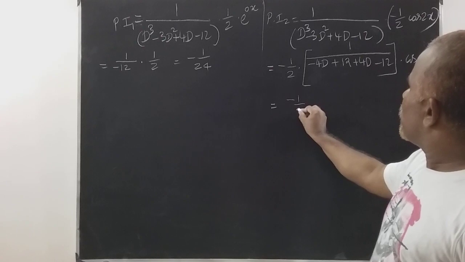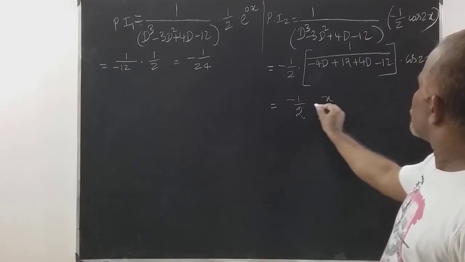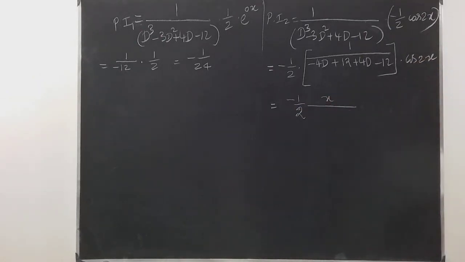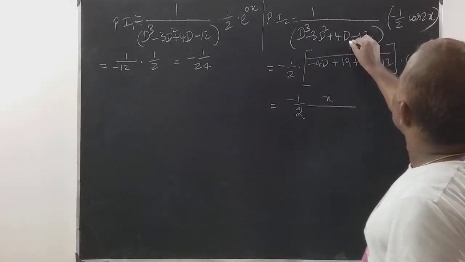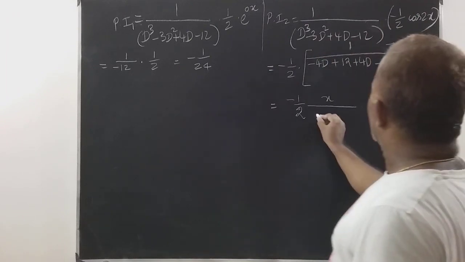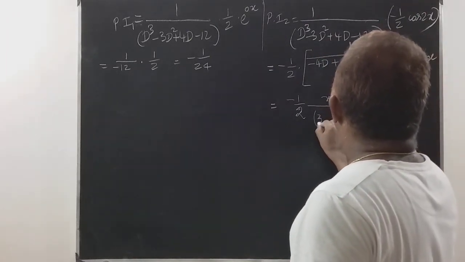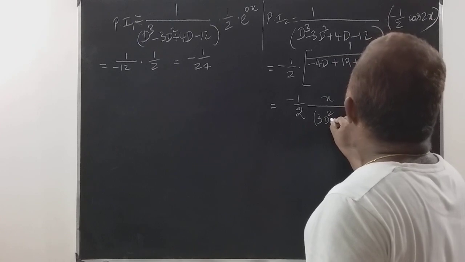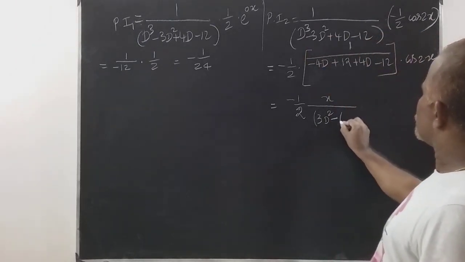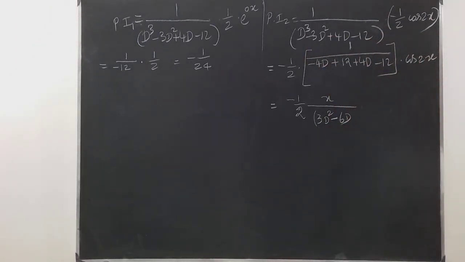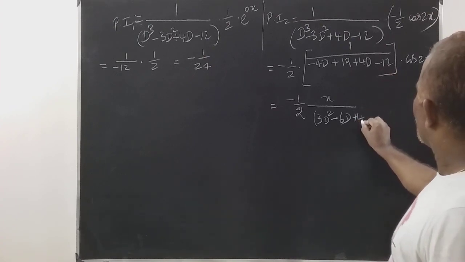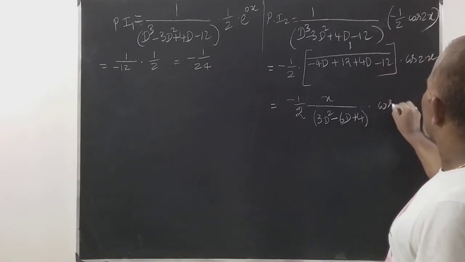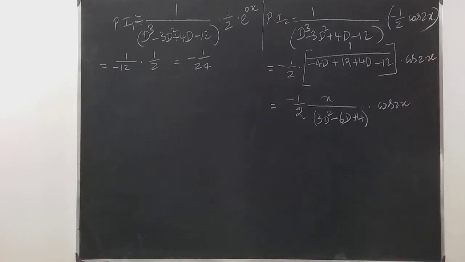So therefore here we have to multiply by x and divide by the differentiation of this denominator with respect to D. So therefore 3D squared minus 6D plus 4 into cos 2x.